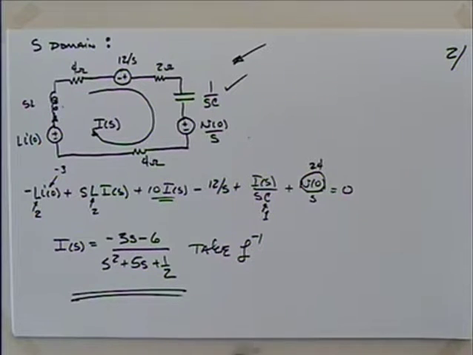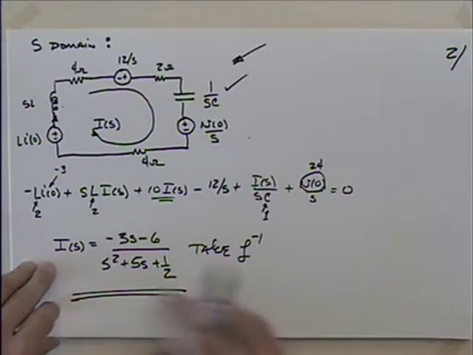In either case, we need to take the inverse Laplace transform of that. So let's see what that looks like. I think what I will do is, yeah, let me just go ahead and start with that.